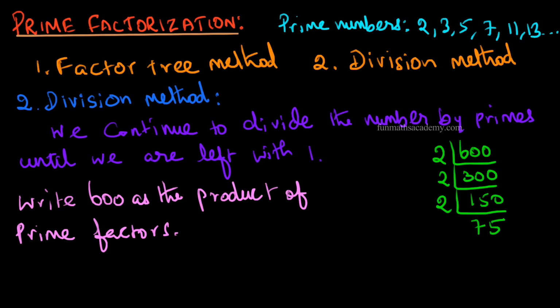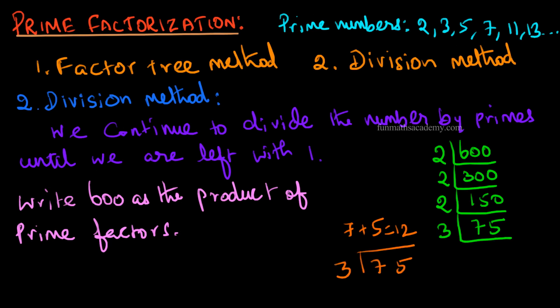So let us check whether 75 can be divided by the next prime factor, that is 3. Do you remember the divisibility rule for 3? Yes, you need to find the sum of digits and check whether the sum is a multiple of 3 or not. So 7 plus 5 is equal to 12, which is a multiple of 3, and so we conclude that 75 is divisible by 3.